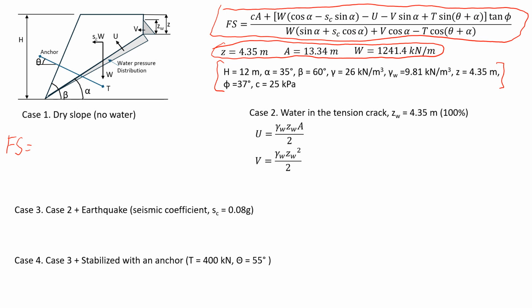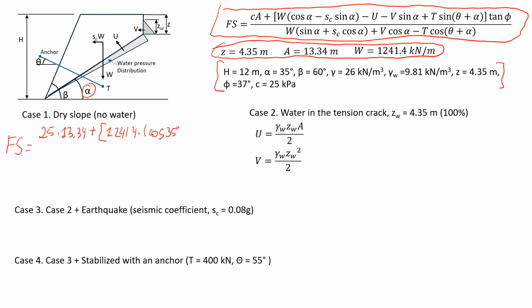So we're going to use cohesion, which is 25 kPa, times A, which we already know is 13.34. Then we're going to put plus the weight of the rock mass, 1,241.4, times the cosine of the angle of 35 degrees, which is the inclination of the failure plane.